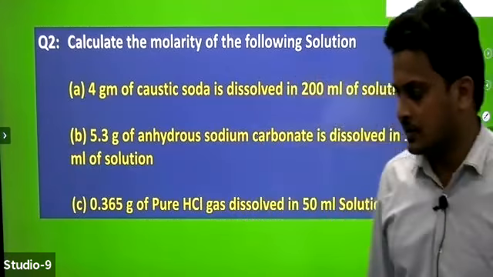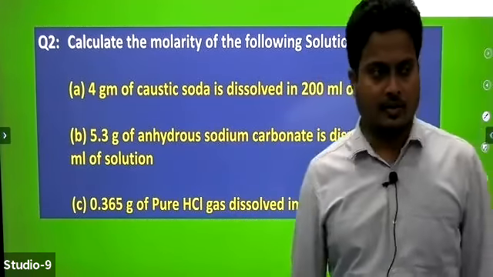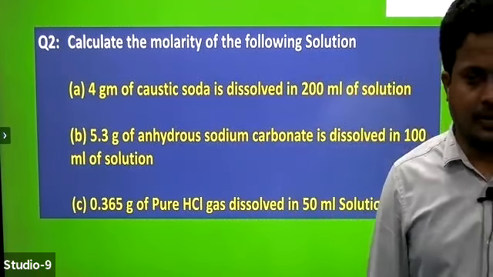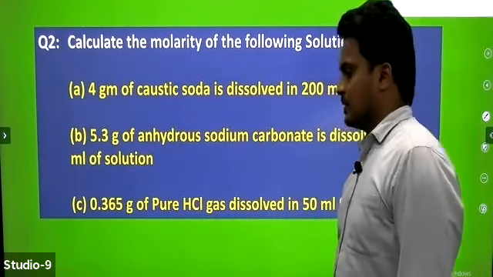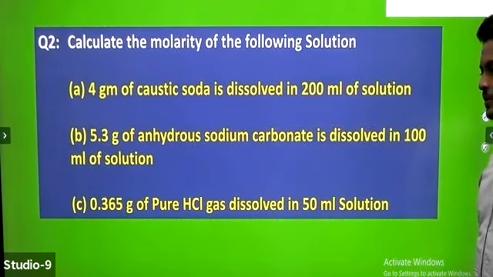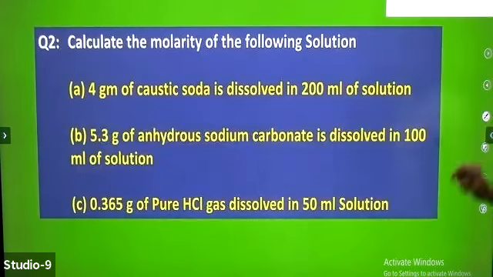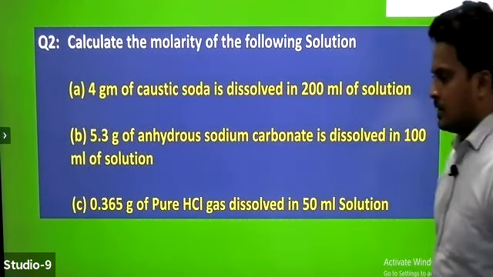What is the formula of caustic soda? Very good, NaOH, sodium hydroxide. Now try to calculate the molarity. Find the molarity.